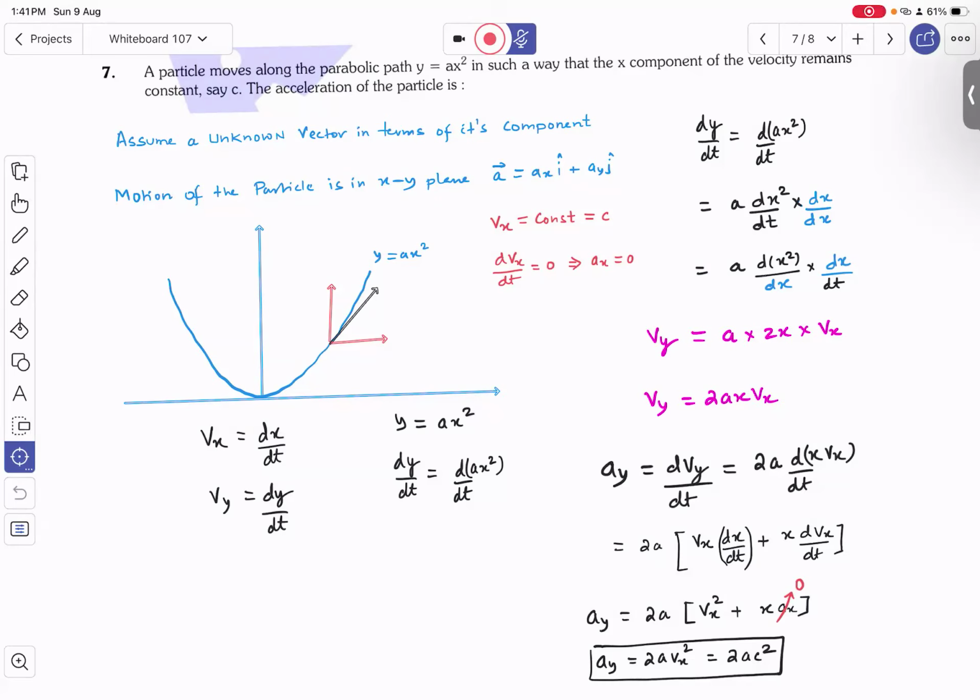Concave down, correct? So check out the similarity here. What is the acceleration along x? 0. What is the acceleration along y? Constant but positive. What kind of path do I have? Parabola, but a differently looking parabola because we have a different but constant acceleration along y. So clear, no?